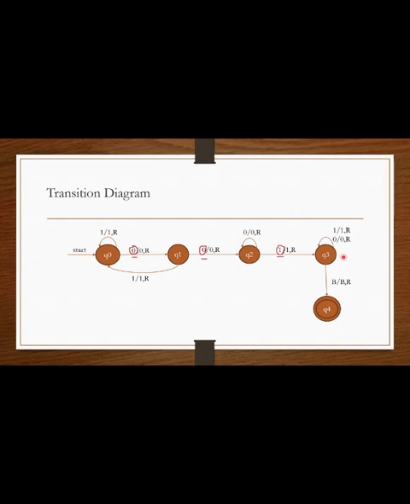Now in the Q3 state, for 0 or 1, it stays in Q3. Then Q3 reads a blank at the end of the tape. It moves towards Q4, the final accepting state. This diagram shows how the TM moves right along the tape and accepts only when it finds the substring 001.